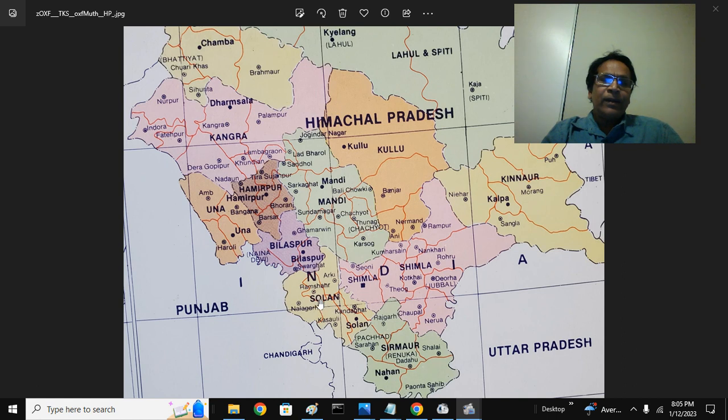And Solan and Nalagarh and the remaining Kasauli, the drainage basin looks towards the Ghaggar or Yamuna. So Simla to Rampur, Kotgarh, Kumarsain. This is one region. The other region is Nalagarh to Bilaspur, Una. This is the other region, two regions.